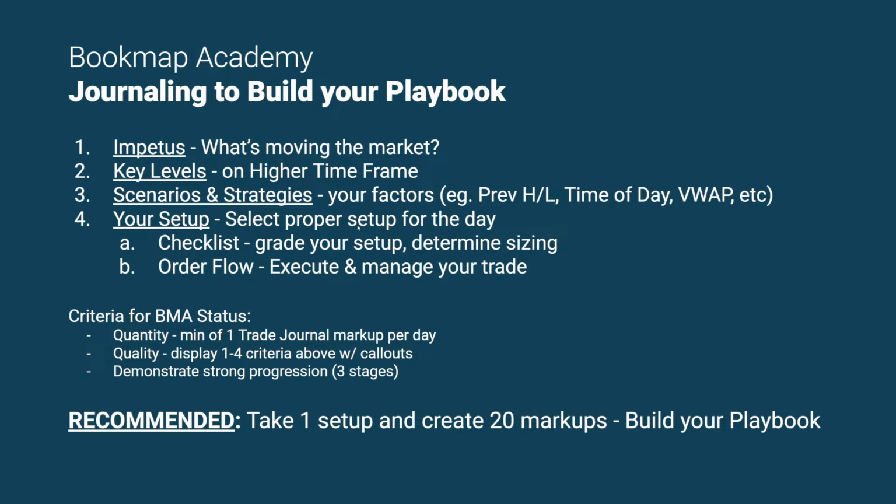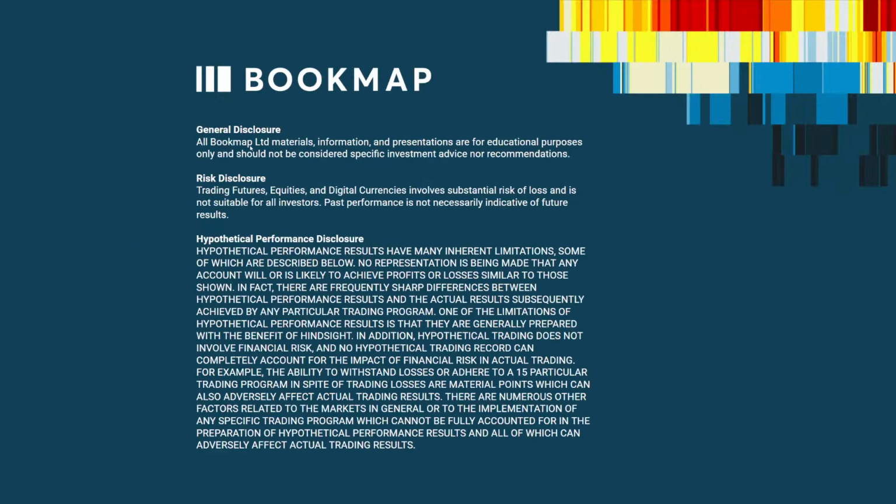And we want to select the proper one for the opportunity based on 1, 2, and 3 above. It is our checklist. We know our setup already. We're prepared for it. You grade it and you determine your sizing. Then you wait for your order flow to give you the moment to best execute, and then also how to manage your trade. All right, so that's the process we're going to go through.